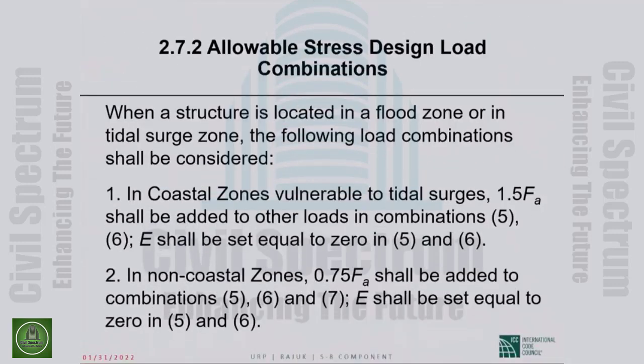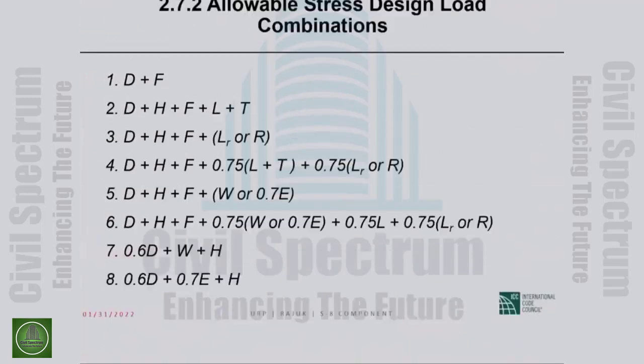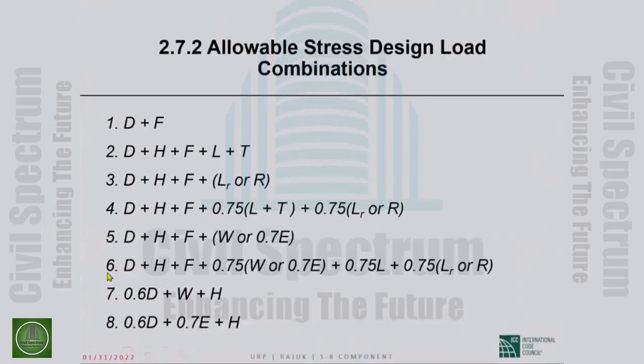Okay, this is the only thing I left out. So when a structure is located in a flood zone or in tidal surge zone, the following load combination shall be considered. In coastal zones vulnerable to tidal surges, like essentially sea waves, 1.5 F sub A, where F sub A is flood load, shall be added to other loads in combinations 5 and 6. This is 5, this is 6.